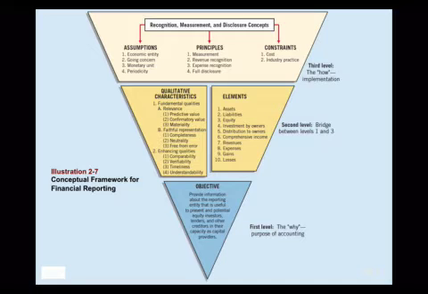We have determined that relevance, capability of impacting a decision, and faithful representation, that is, the information says what it says it conveys, are the two main qualities that we want to see in financial information. Today we're going to talk about the key elements of financial statements. These are the building blocks of the financial statements, and there are 10 of them. And then we'll move on to assumptions, principles, and constraints.